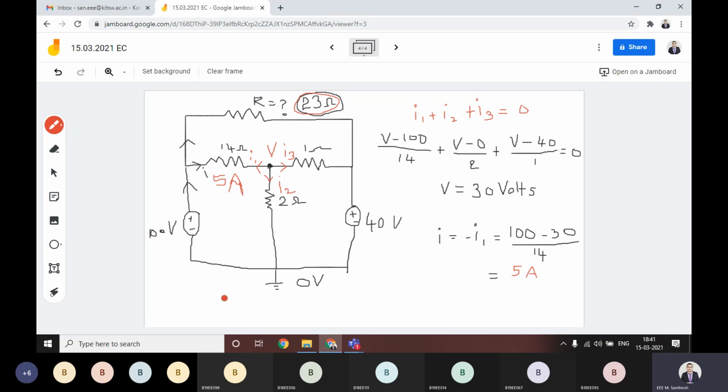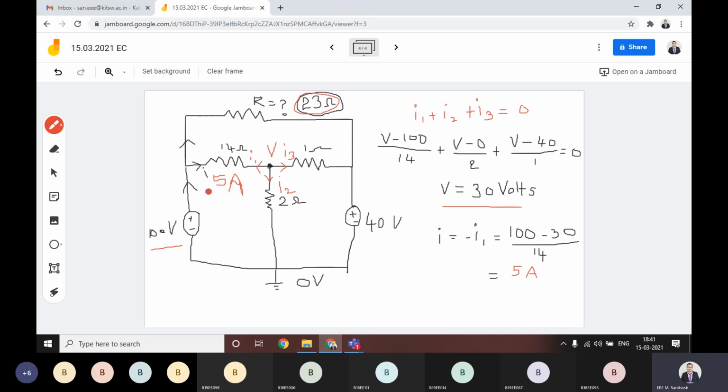You can write the equation. We have V as 30 volts, we have the 100 volts battery, then we have this 14 ohm resistor with 5 ampere current flow.